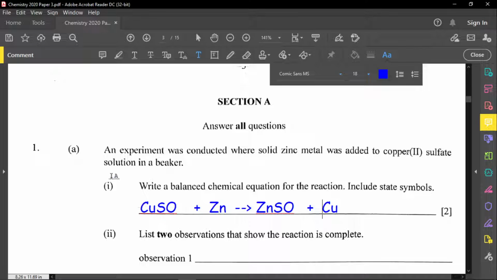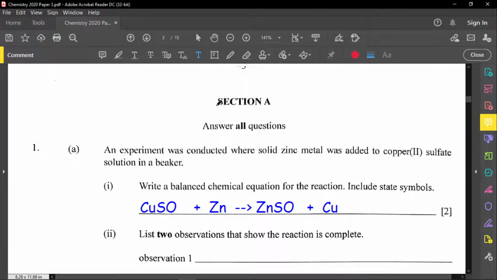This equation is balanced as it is, but let me put on the missing number. So this will be SO4 right here, and this is also SO4.